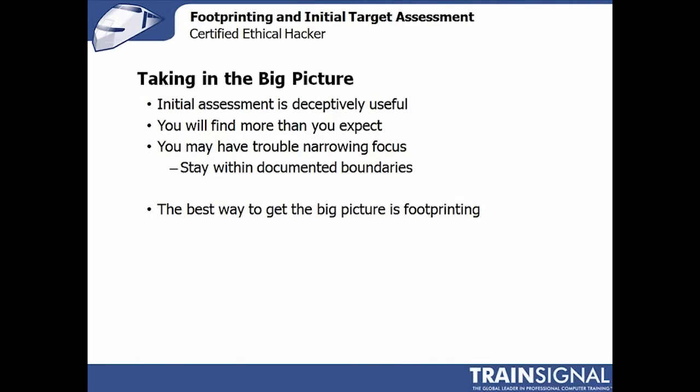For example, email servers may not be part of your scope that you've documented, but you may find during even this initial footprinting approach, you may actually find unsecured email servers or email servers that are easily spoofed. That's really troublesome because on the one hand, it's not something that you're going to be attacking. On the other hand, it's really, really interesting and really opportunistic to make your attack in that way.